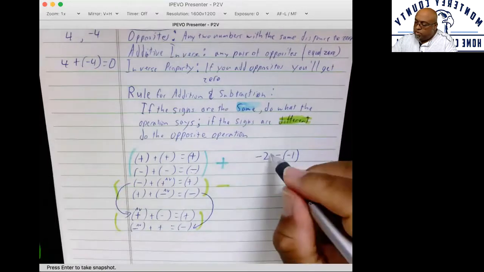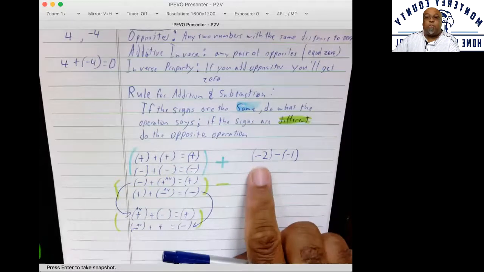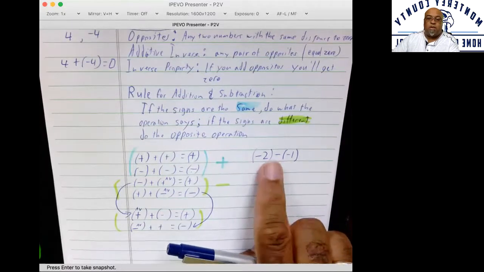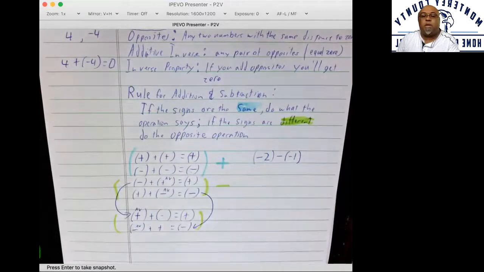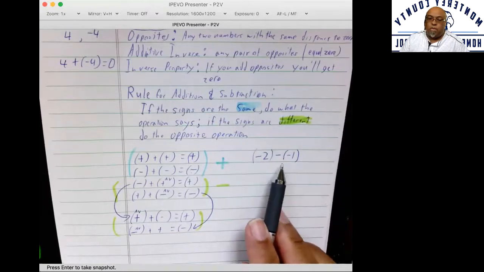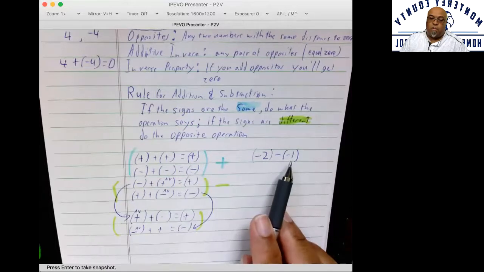By the way, you can use parentheses with integers because sometimes it's a simple way of separating between the minus sign and the negative sign, or the positive sign and the plus sign. Sometimes that can get really complicated. So by putting parentheses around your entire term, then you're making it easier to see what is an operation, which is that in the center, and what is a number with a negative sign.